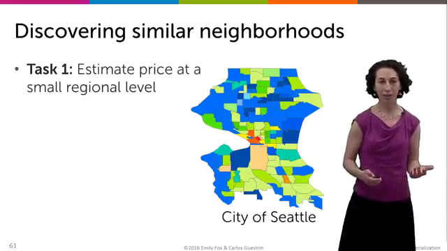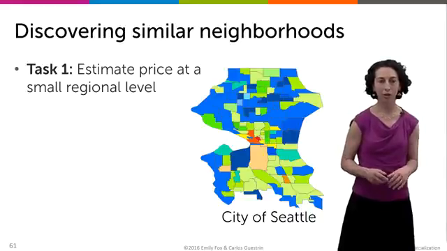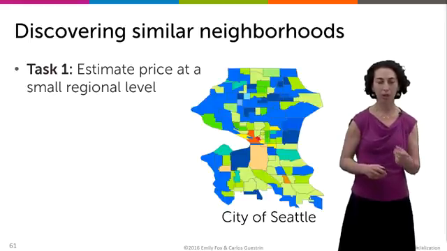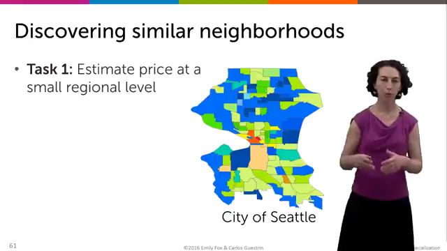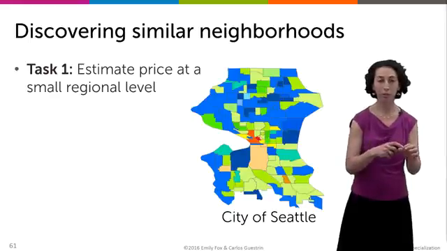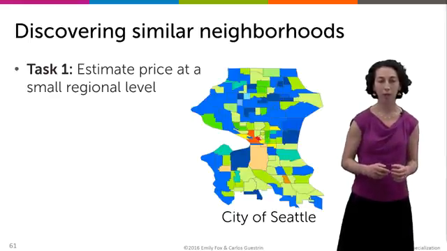A less obvious example where clustering can be useful is in the following task. Imagine that we want to estimate housing value at very small spatial locations. Here in this image, we're showing the city of Seattle broken into census tracts. These are geographically small regions, and we want to assess value within each one of these neighborhoods.